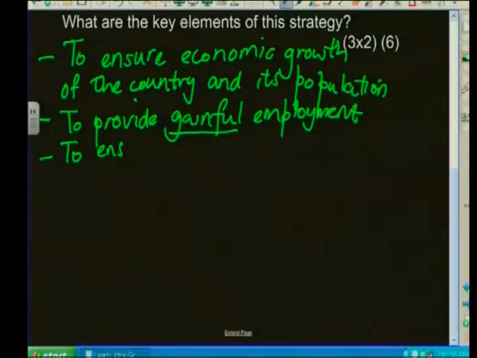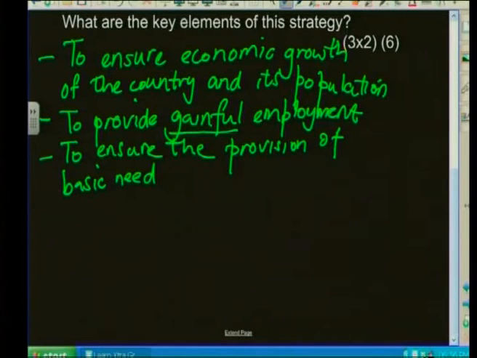Another key element was to ensure the provision of basic needs. Remember, as we've discussed earlier, our basic needs were water, shelter, security, as well as entertainment.